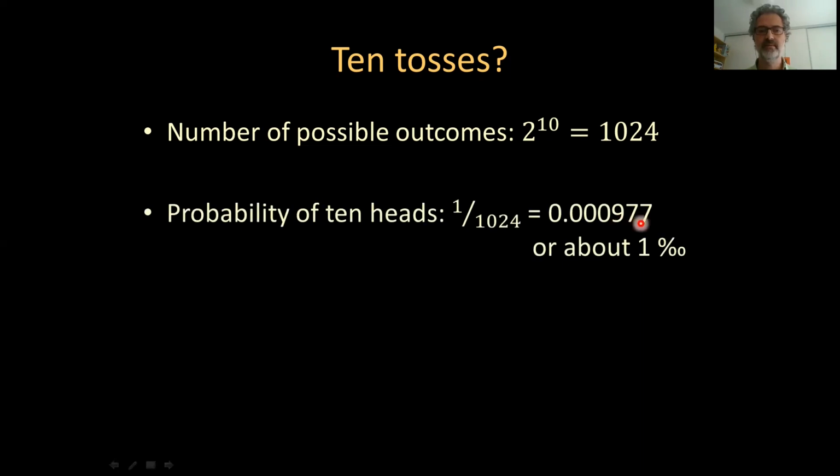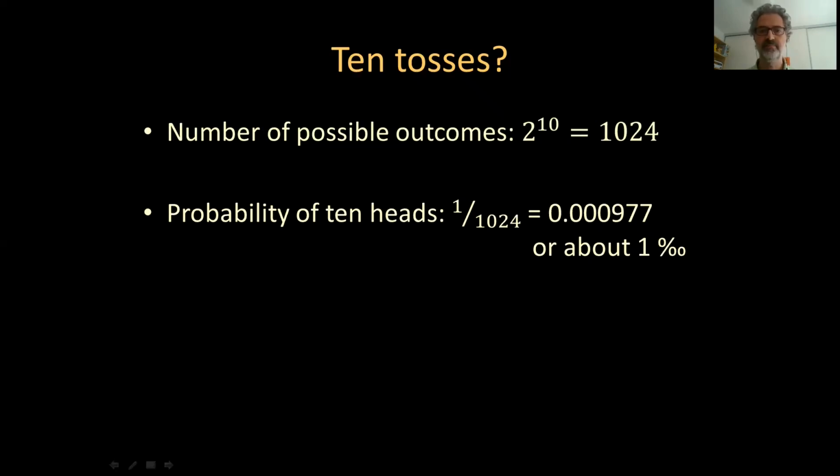And this number is about 1 per 1,000, just a little bit less than 1 per 1,000, or 0.1%. This looks like a very small number, and indeed you would not expect to get 10 heads in a row. You would probably be very surprised if this happened.